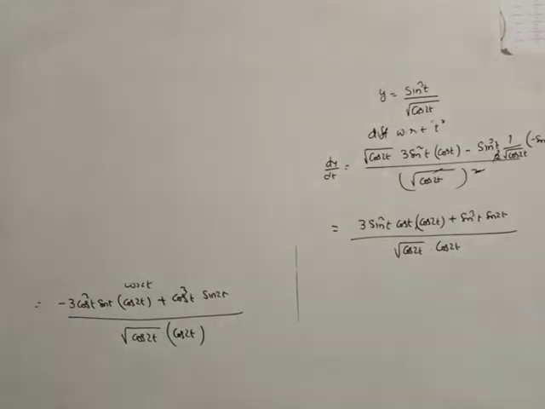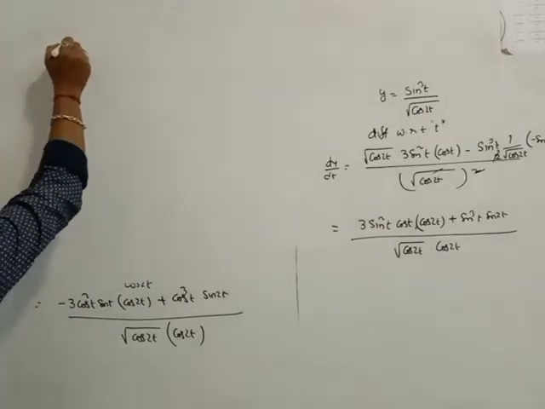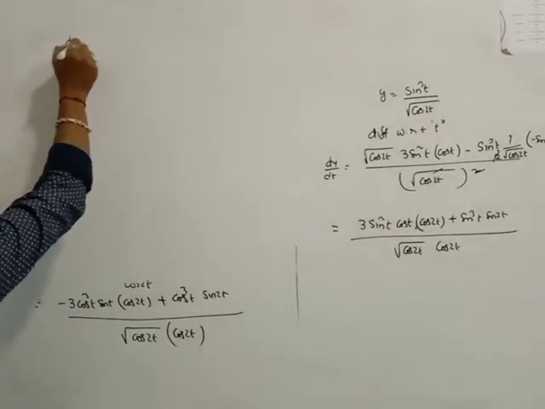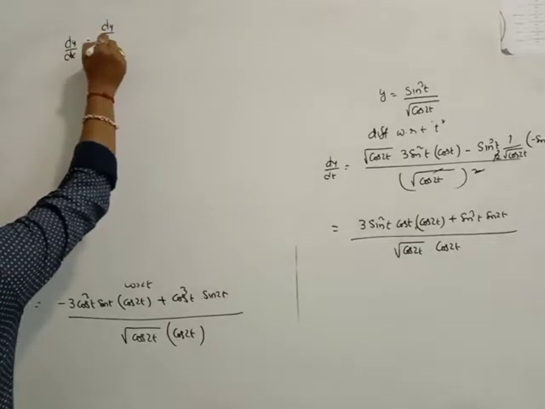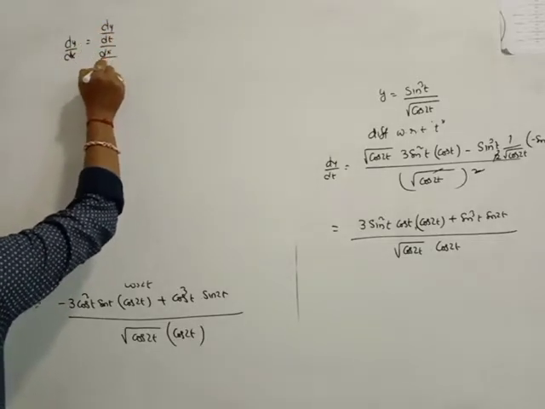Okay, so what is the formula for dy by dx? dy by dx is equal to dy by dt by dx by dt.